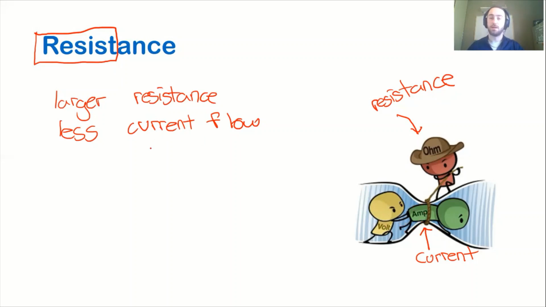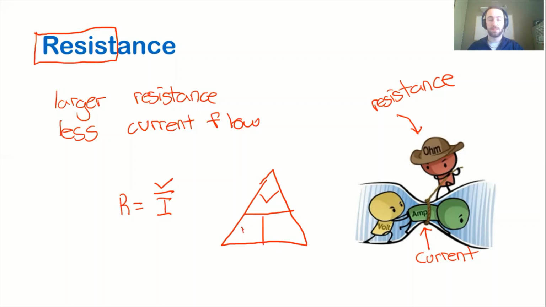The formula that we're going to use to calculate resistance is simply R, or resistance, is equal to V over I, voltage over current. So if we wanted to draw another little triangle to help us remember, we would have our voltage at the top, our resistance, and our current at the bottom.